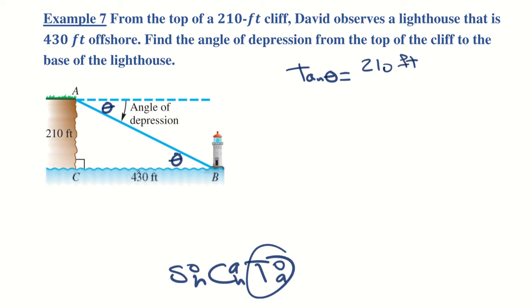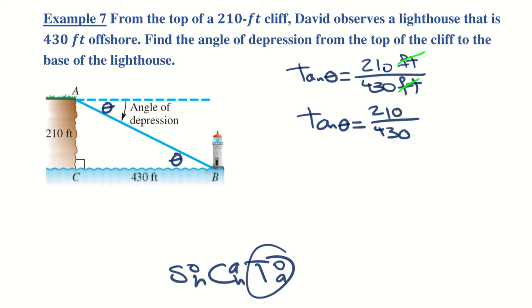Let me show you the units just so you can see what I was talking about in the last example. See, these cancel out, don't they? So tangent is a pure ratio, see? So this time, let me rewrite that now without those units. So tangent of theta equals 210 over 430, right?